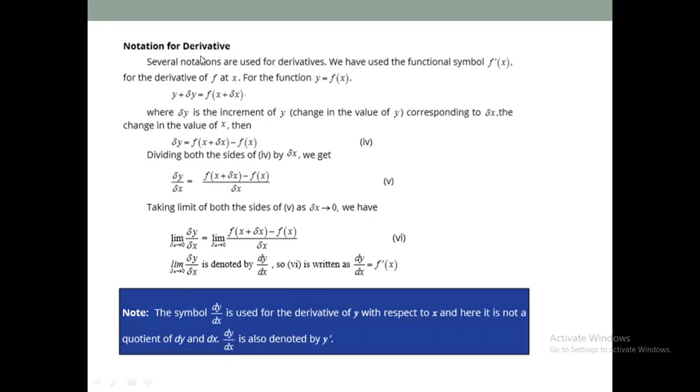Notation for derivative. There are several notations for the derivative. We use the function symbol f for the derivative. For the function y is equal to f of x, y plus delta y is the change in y, at x plus delta x, where delta y is the increment in y corresponding to delta x, the change in the value of x.